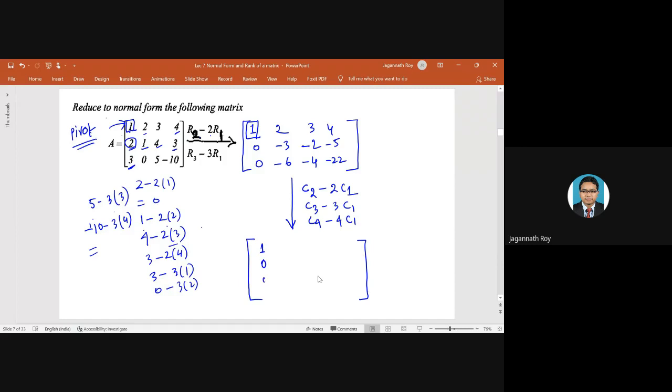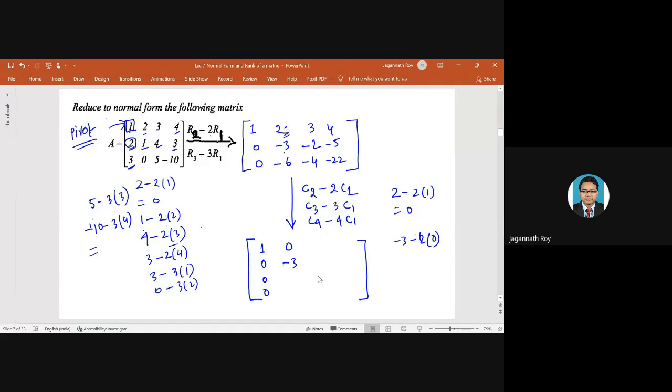So this will become 1, 0, 0. Because we are doing the column operations now, we have to write the columns first. So this is 2 minus 2 times 1, which is 0. So let us put 0 here. Then 3 minus 3 times 1, minus 3 minus 2 times 0.